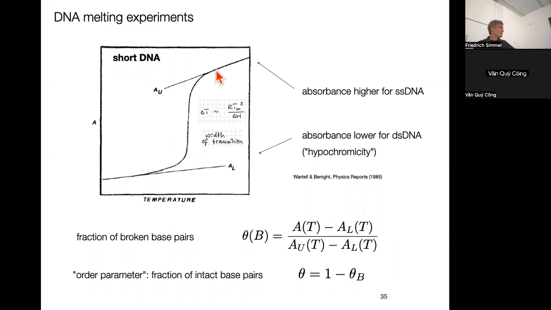The reason for this hypochromicity has to do with the fact that all optical transitions are dipole-dipole kind of interactions. In this case, when you illuminate DNA at 260 nanometers, that is where these pi electron systems absorb in DNA.